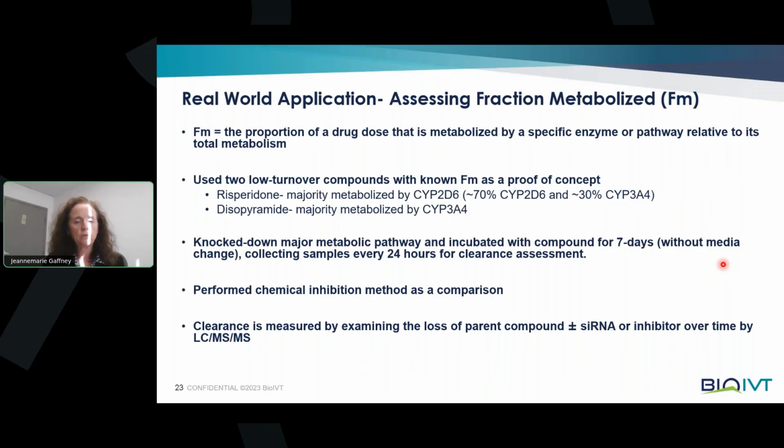These are risperidone, which is majority metabolized by CYP2D6, and disopyramide, a majority of which is metabolized by 3A4. We did the knockdown using both the chemical inhibition method and the gene knockdown method with our clearance studies. And then the clearance of the parent compound, plus and minus siRNA or plus and minus inhibitor, over time was measured by LCMS.